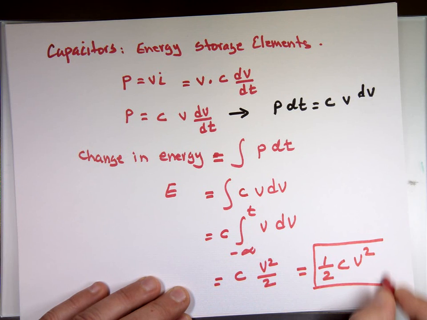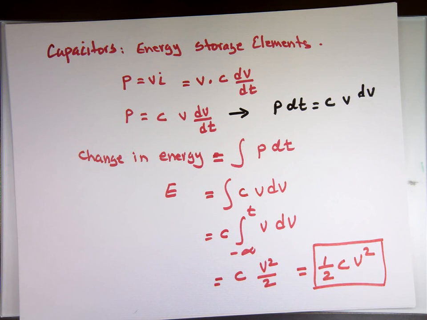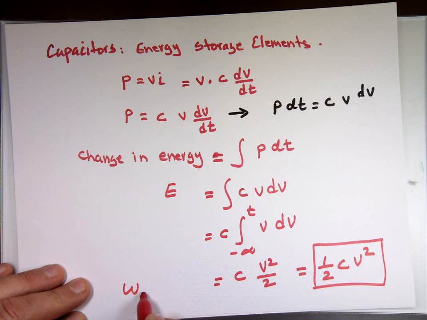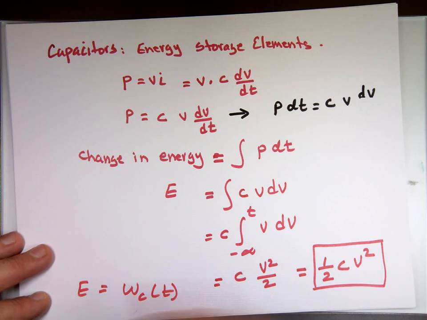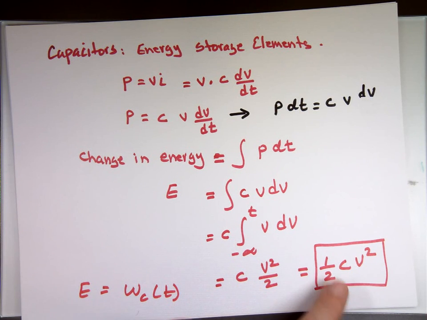That's how much energy is stored in the system. The amount of energy in a capacitor, you might use W here, or E, is 1/2 C v squared. So that's the math behind the derivation there.